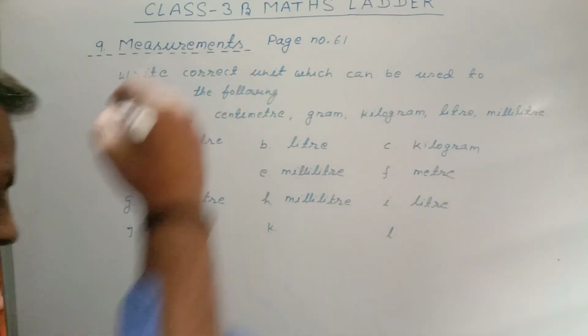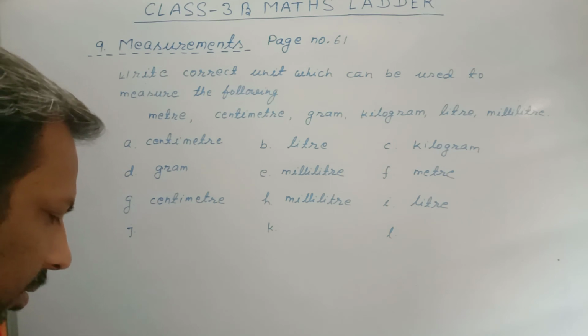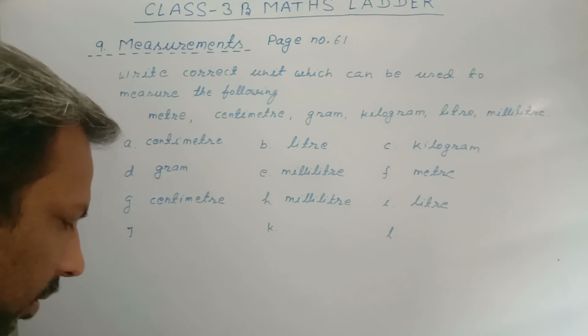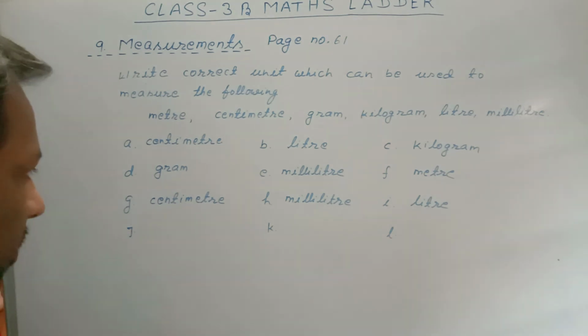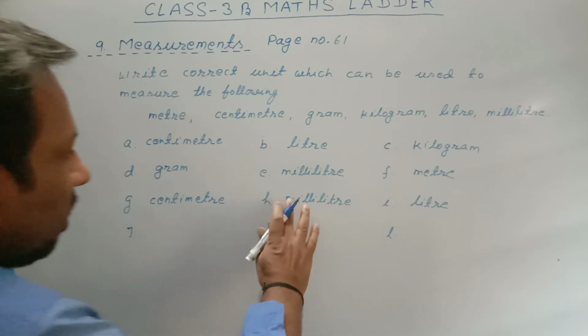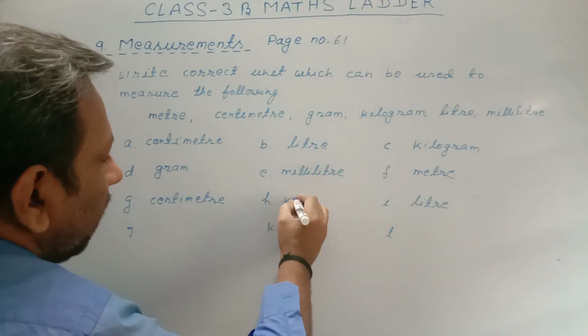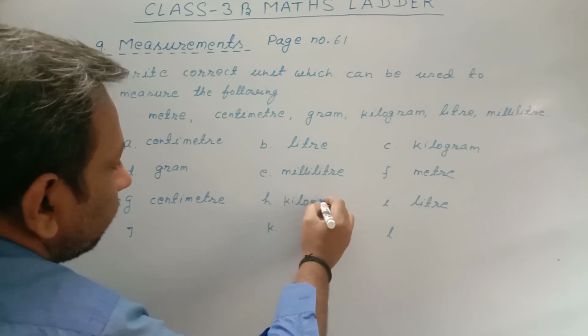Question number H was weight of a sack of onions, that will be measured in kilogram. I write here kilogram.